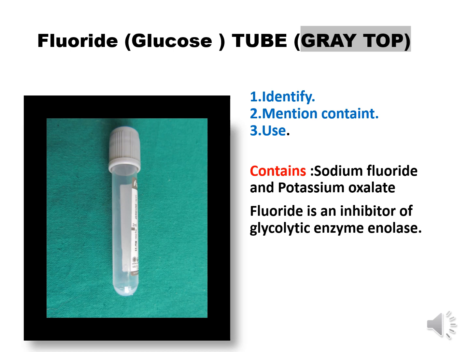So, if you keep the blood outside the body, the glucose content starts reducing. The glycolytic process is inhibited by sodium fluoride. So, it is used for blood plasma sugar levels. So, fluoride tube, blood plasma sugar levels.